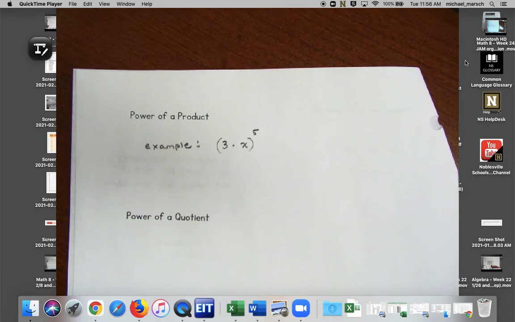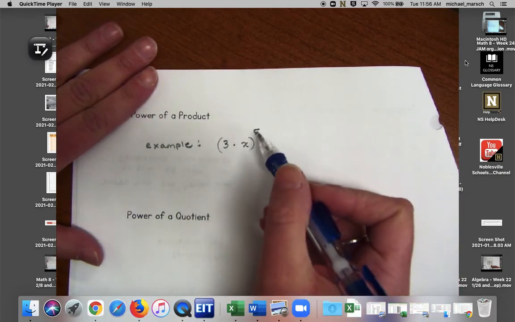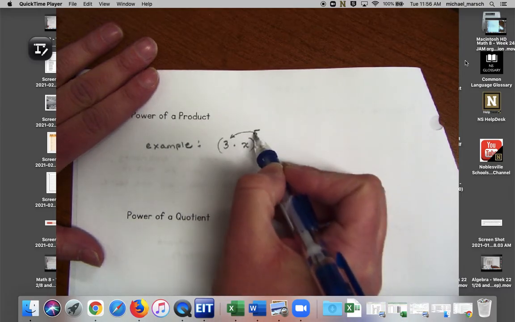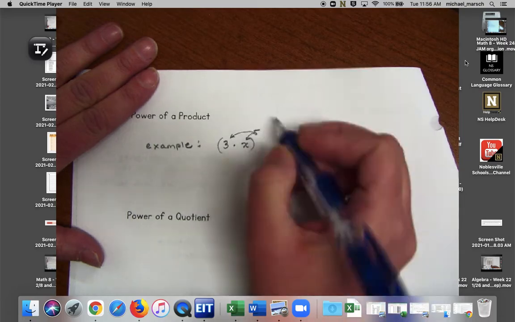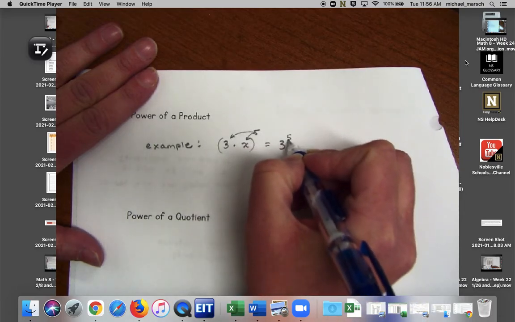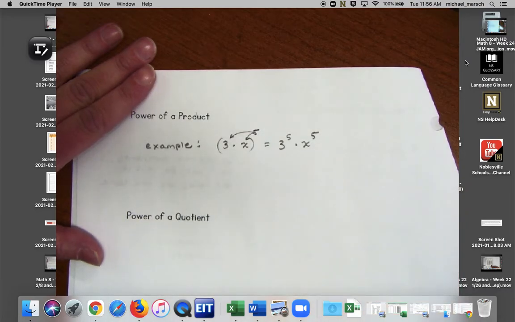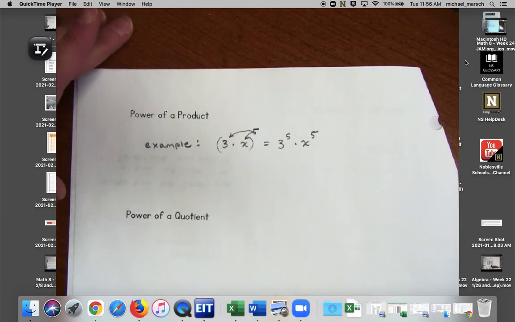It's your choice. All right, so what I have to do here, if I have terms raised to a power, I have to distribute into the terms. So really this is going to be 3 to the 5th power times x to the 5th power. It gets distributed to both terms.